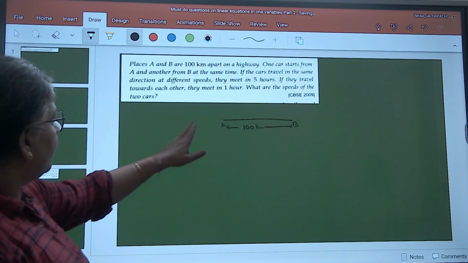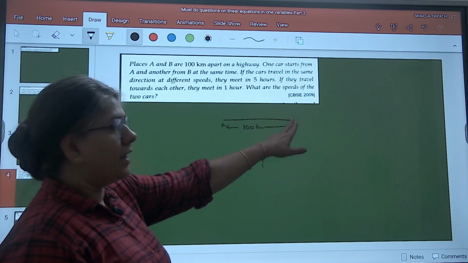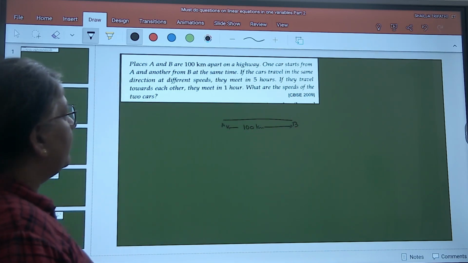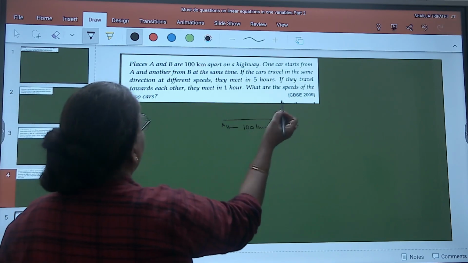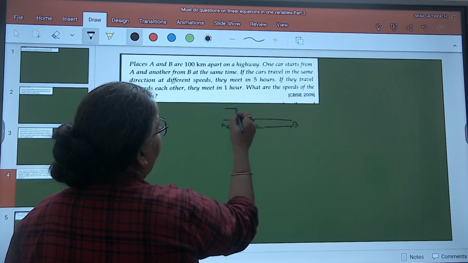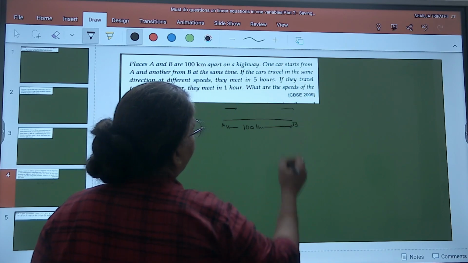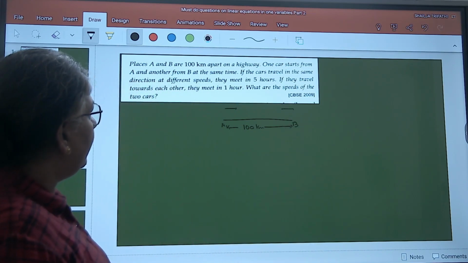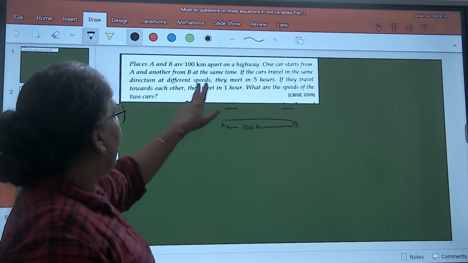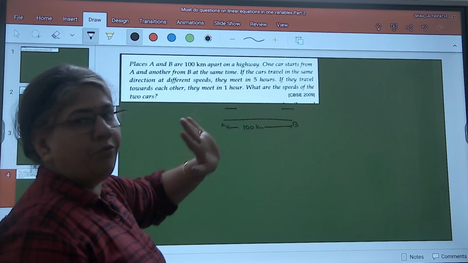One car starts from A, another starts from B at the same time. If they travel in the same direction, at different speeds, they meet in 5 hours.